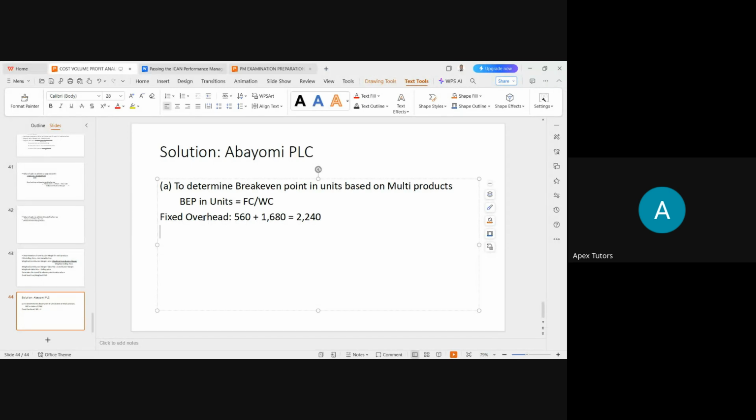Now, for fixed selling and admin expenses, you have the value to be 8,320,000. So let me just leave it as 8,320. So the total fixed cost will be what?